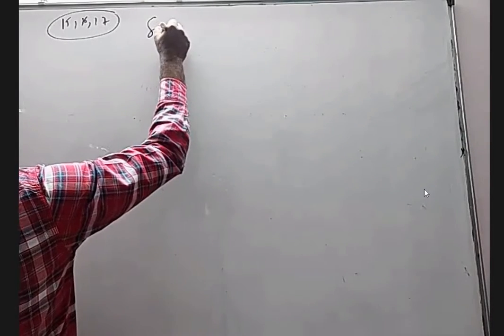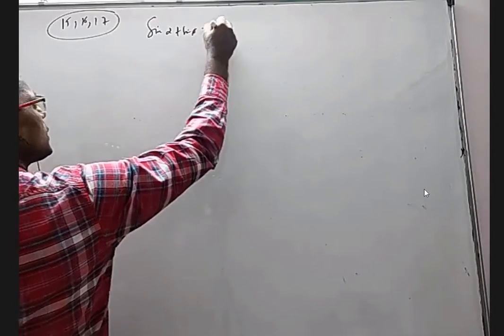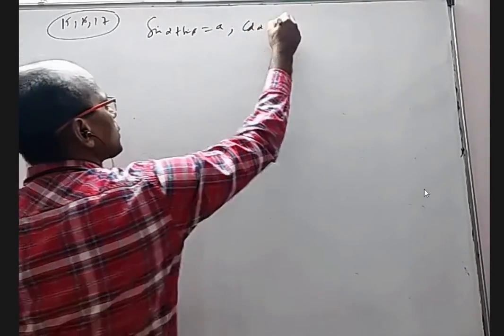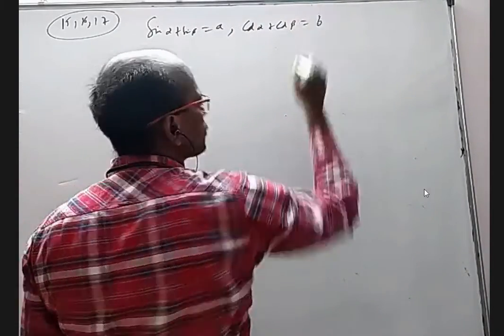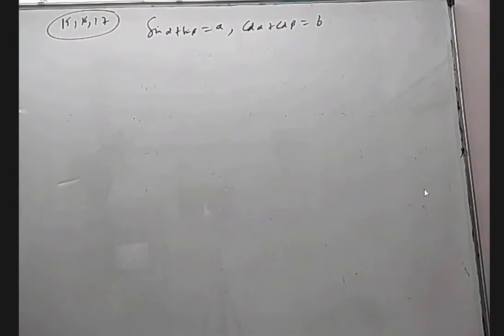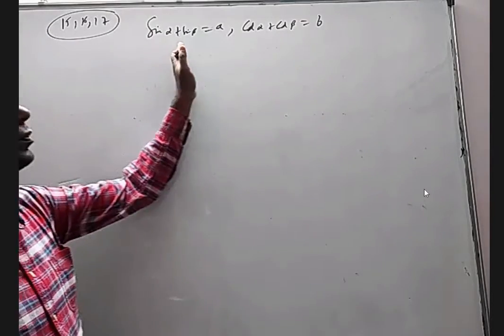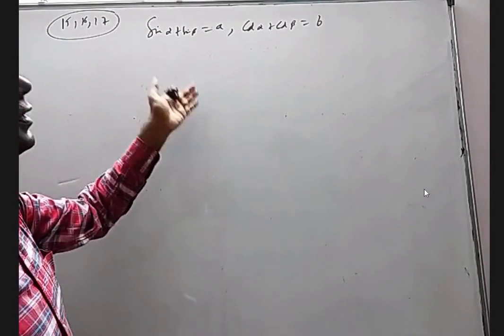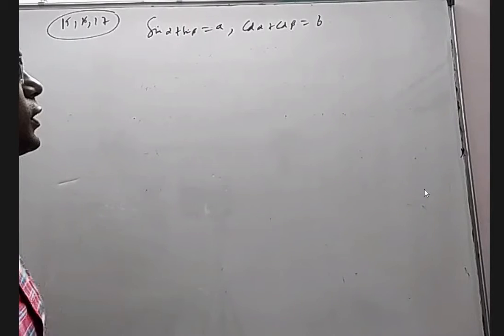They gave sin alpha plus sin beta equal to A and cos alpha plus cos beta equal to B. Maybe the reverse, we'll see that. There are two ways to approach this. You can apply transformations here and divide them, or square and add them. We'll think about all that.